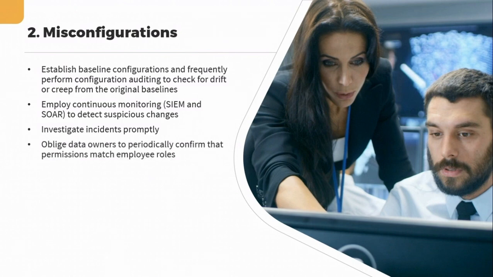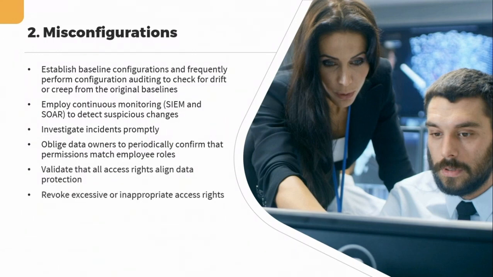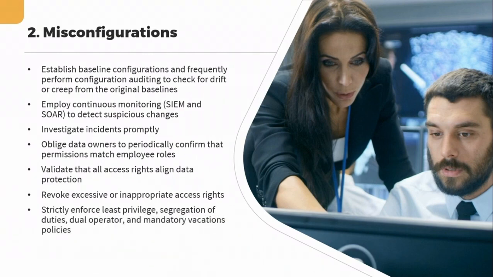Oblige data owners to periodically confirm that permissions match employee roles. Validate that all access rights align with data protection. Whenever possible, revoke excessive or inappropriate access rights. Strictly enforce least privilege, segregation of duties, dual operator, and mandatory vacation policies.